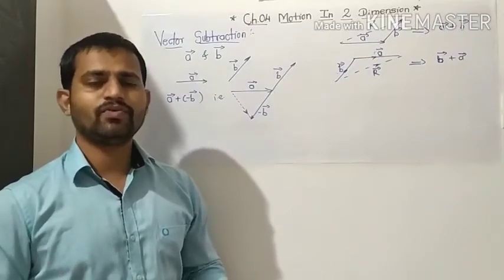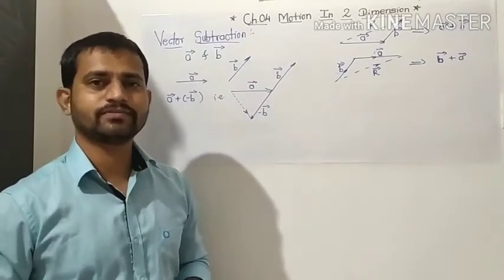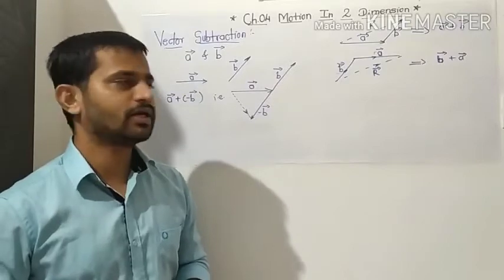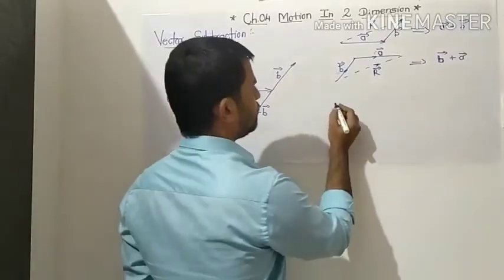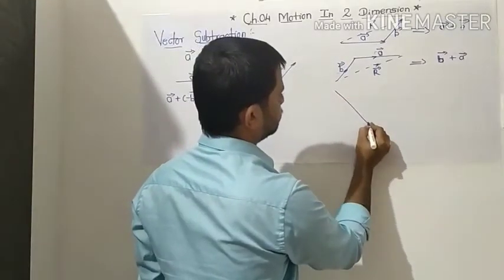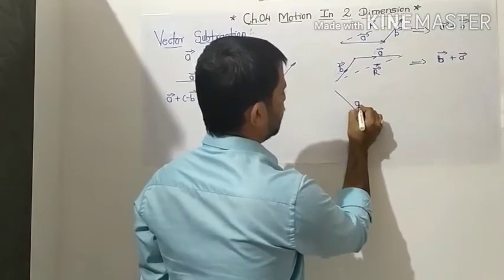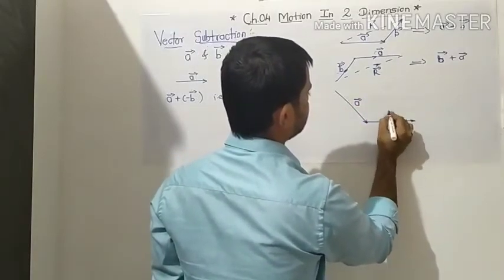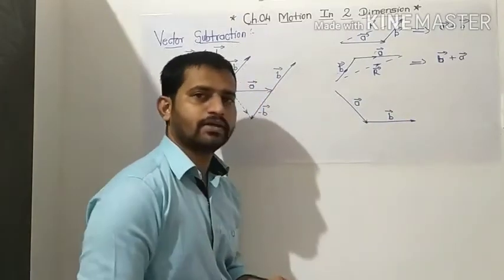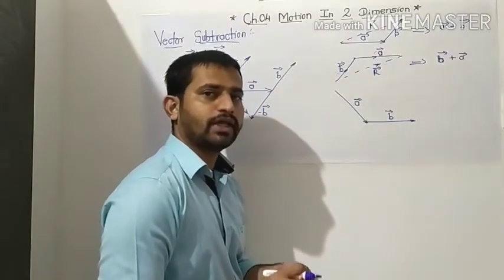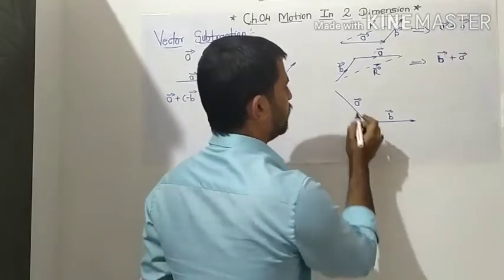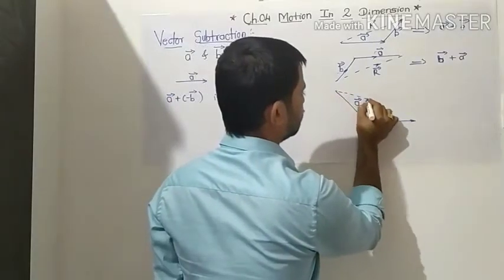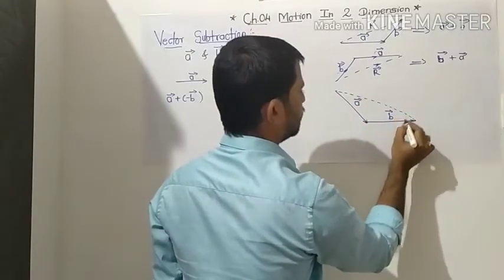Okay, but if we go for the subtraction, then what is happening there? If this is the vector A and this is the vector B, then in this case if we go for A plus B, then our value will be like this.